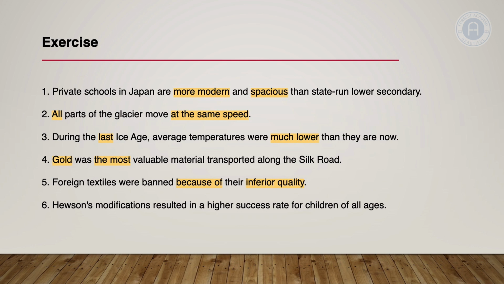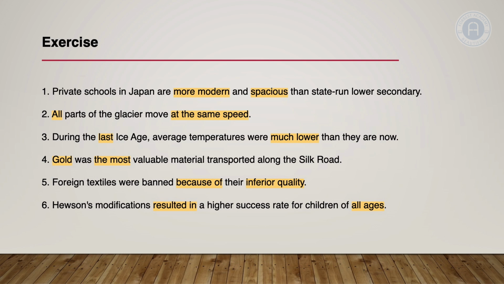Number six, Hewson's modifications resulted in a higher success rate for children of all ages. I guess you know which keywords to check. Hewson's modifications resulted in. This verb, result in, indicates another cause and effect, or cause and result, relationship. And then this phrase, all ages, indicates a generalization that should be checked.